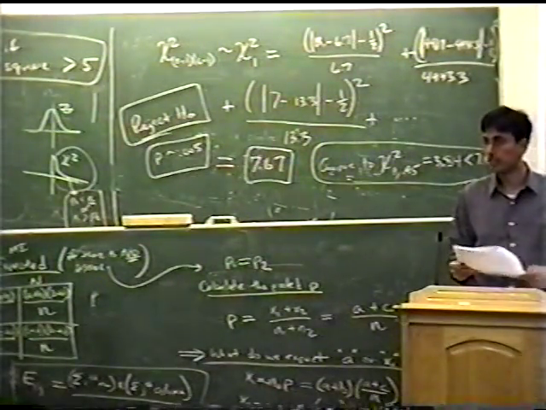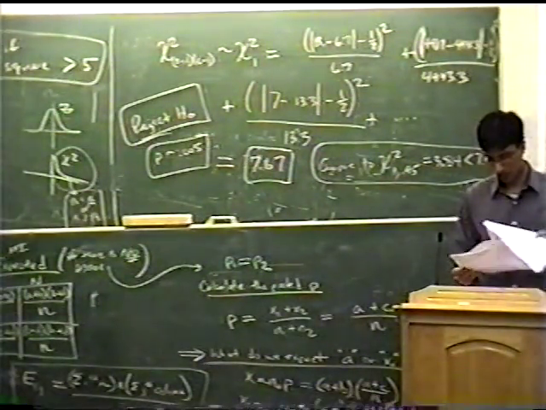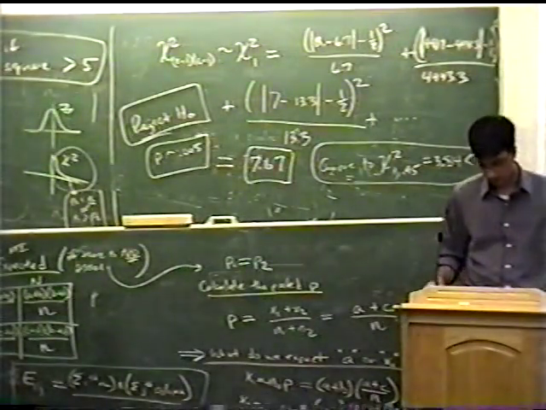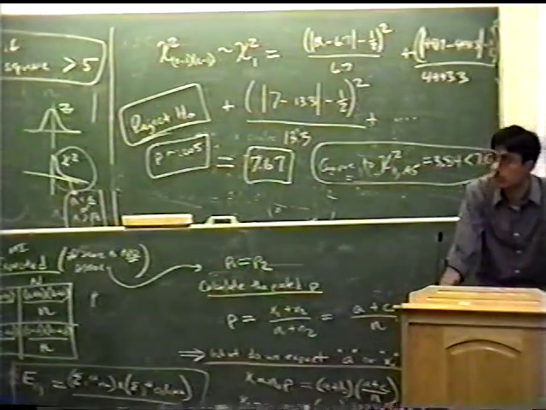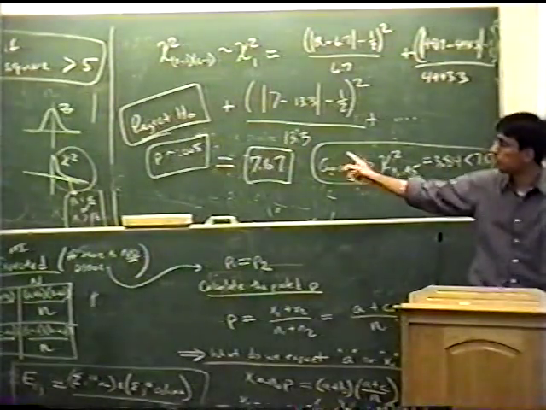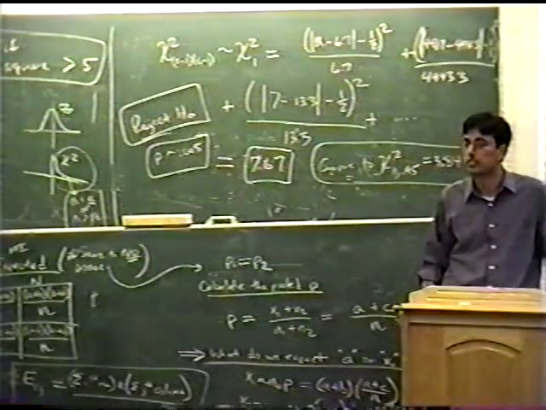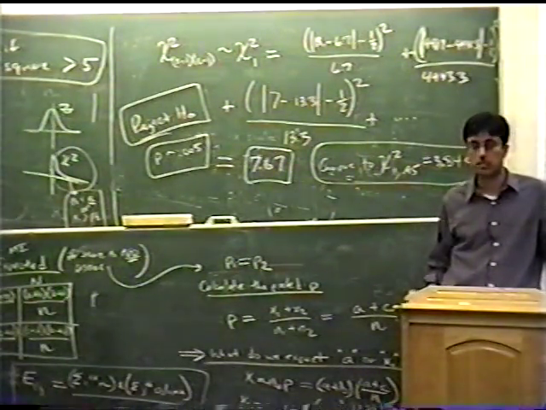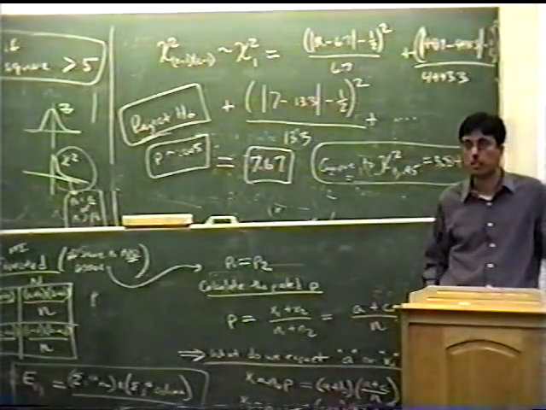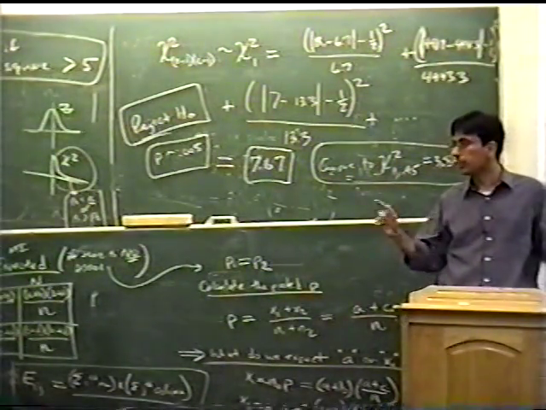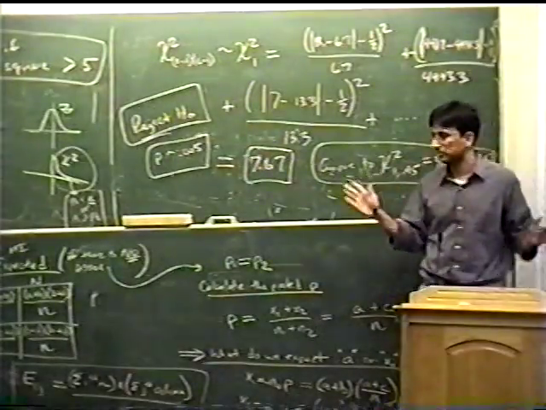What did we get before? .0026, right? And here we got a p-value of .005. Why are they different? They should theoretically be exactly the same.